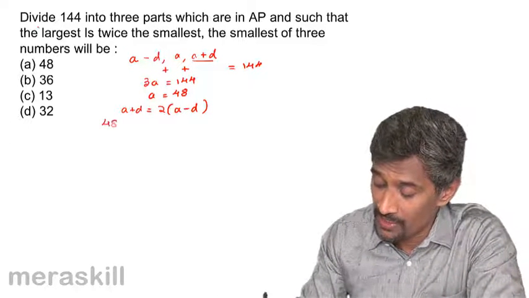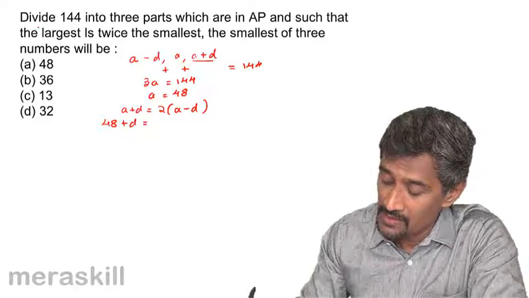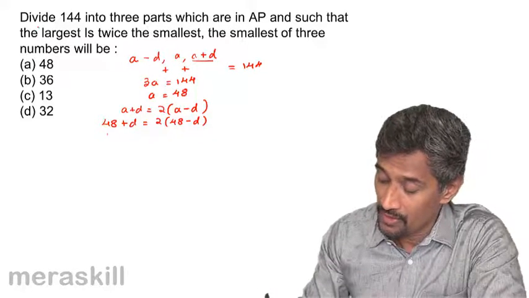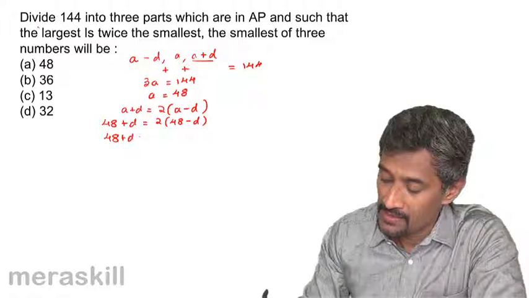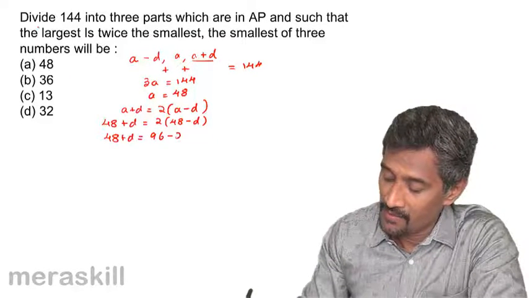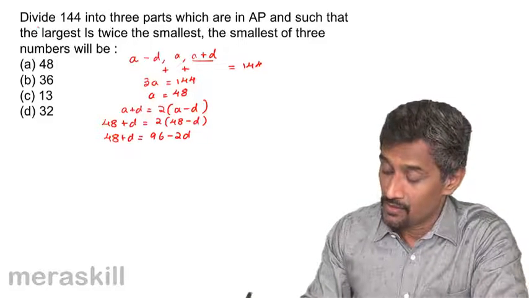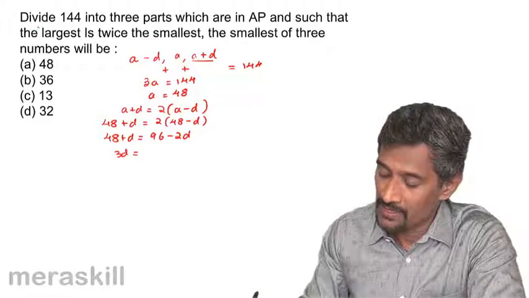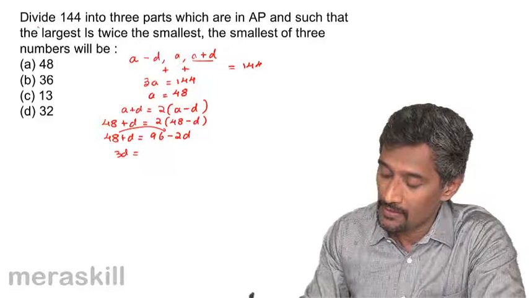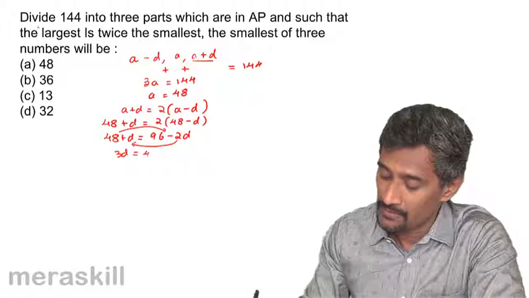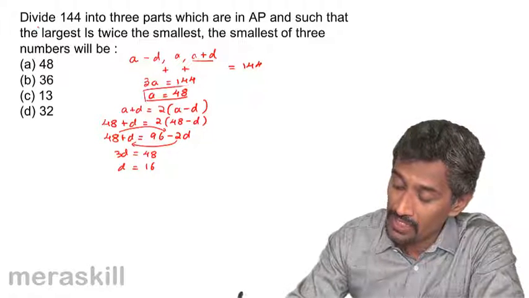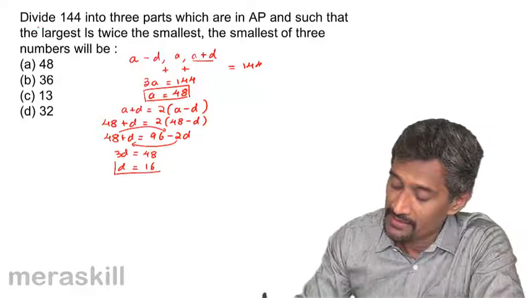So 48 plus d is 2 times 48 minus d. So you get 48 plus d is 96 minus 2d, which turns out to be 3d is 96 minus 48. That is 48, and d turns out to be 48 by 3, 16. So a is 48 and d is 16.